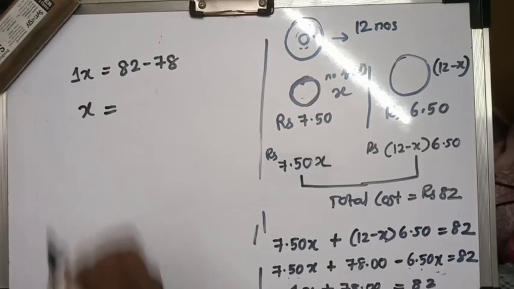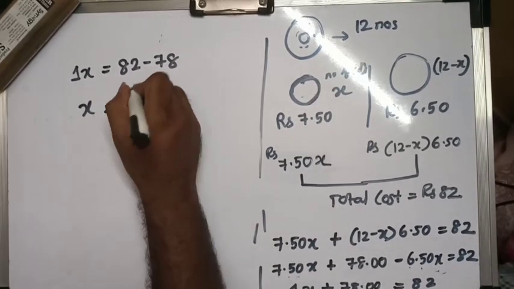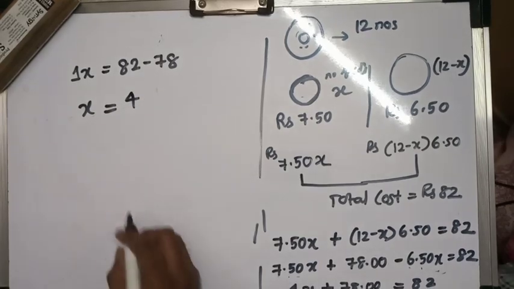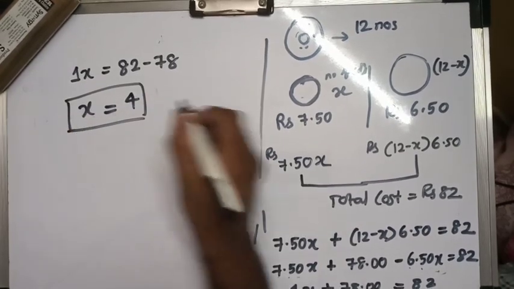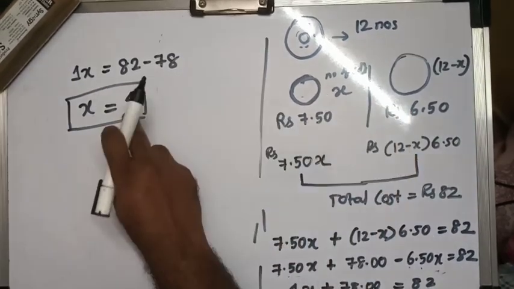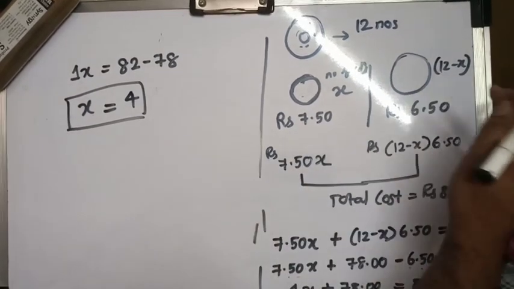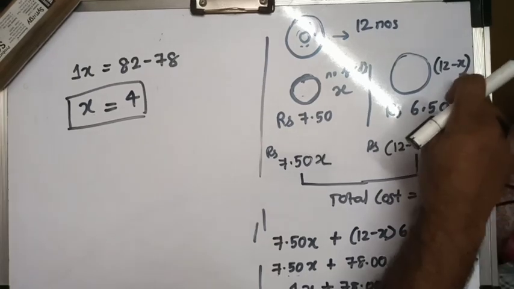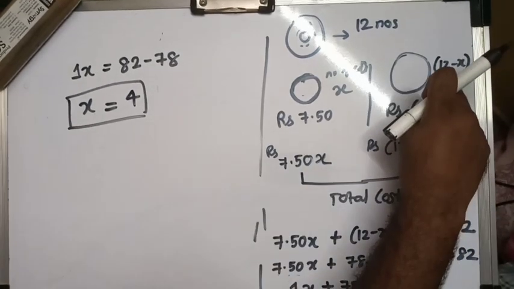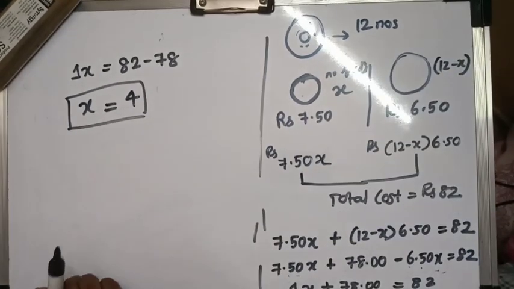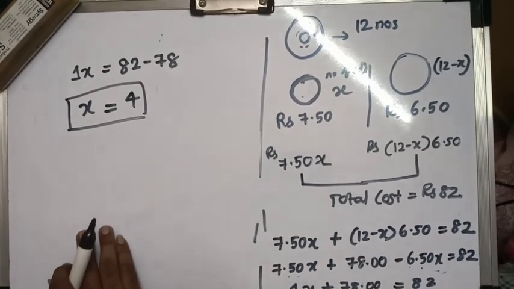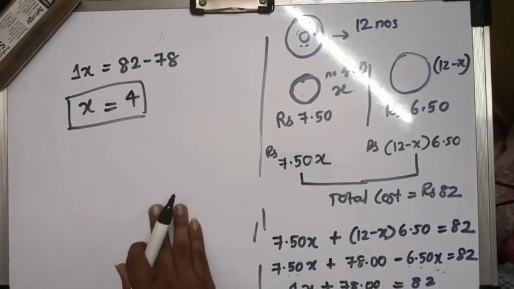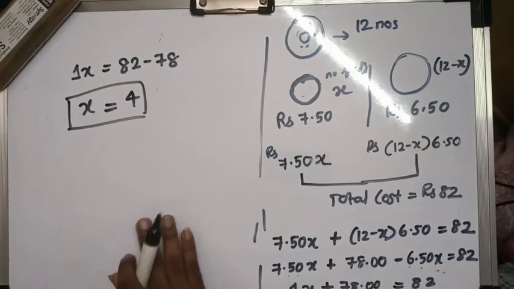So x will be equal to 4, right? So how many CDs were there of one type? 4 CDs. And the other one will be 12 minus x, that is 8 CDs. So this is how you have to solve the statement sums related to money.